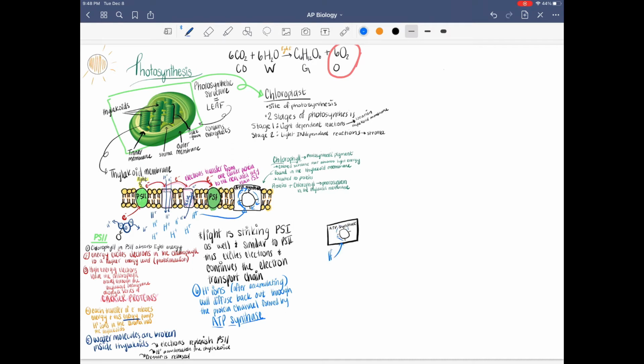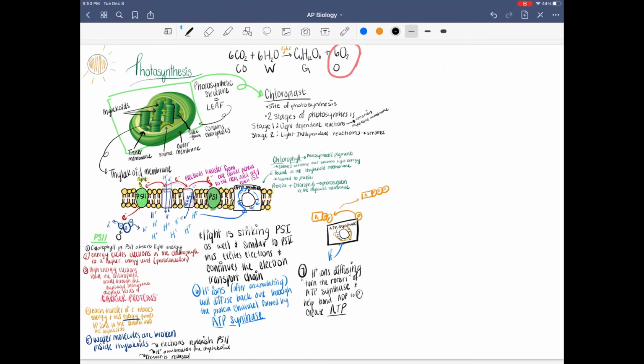The movement of the hydrogen as it turns that rotor helps to bring together our ADP and a phosphate, creating ATP. All right, so it's very similar to cellular respiration, and that's why we went into a lot of detail with cellular respiration, because we're going to see a lot of similarities between photosynthesis and cellular respiration. So you'll see the hydrogen ions as they diffuse through, they'll turn that rotor of ATP synthase, which will help bond ADP to a phosphate, creating ATP.